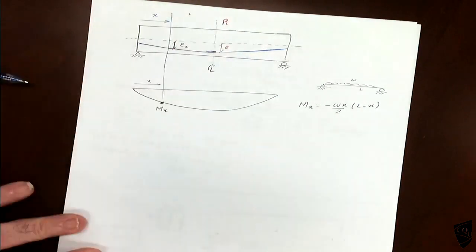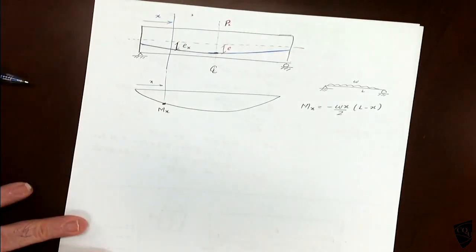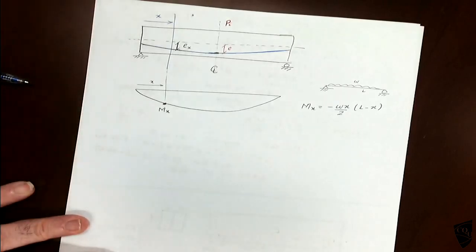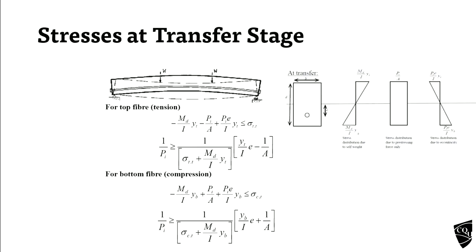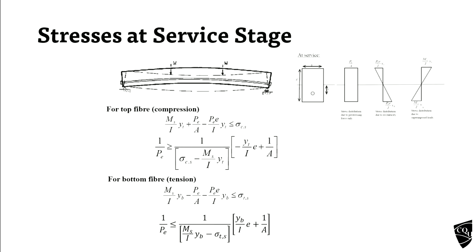If you look at these inequalities, we have them for the top fiber and bottom fiber at transfer, and similarly two for the service stage.